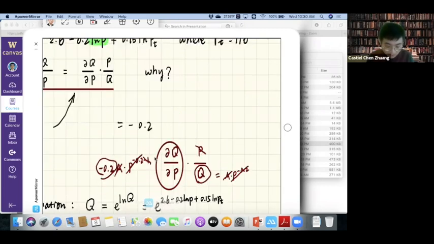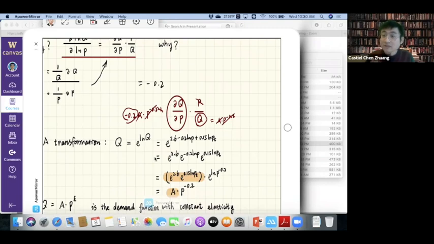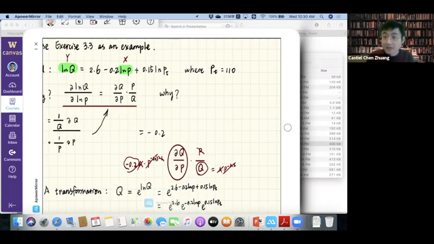So you have to convert the equation to a function for Q. Okay, so now you have this whole thing here. So Q is equal to a constant times P to the power of negative 0.2. And with this expression, you can just use dq over dp times p over q. But then you can see that the calculation is more complicated.